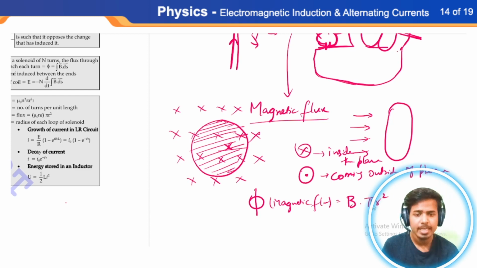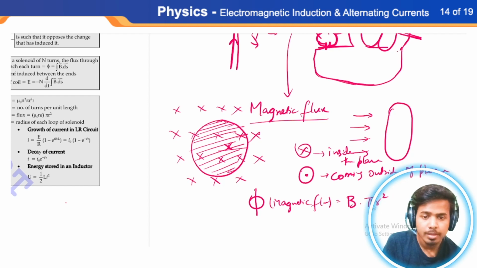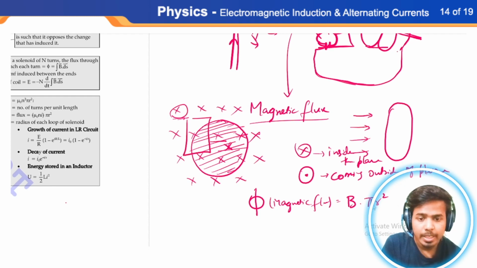But let us say this magnetic field is not constant. It is variable. In one portion it is having a different value, in some portion it is having a different value. Let's say in this portion it is having b1, in this portion it is having b2, and things like that.